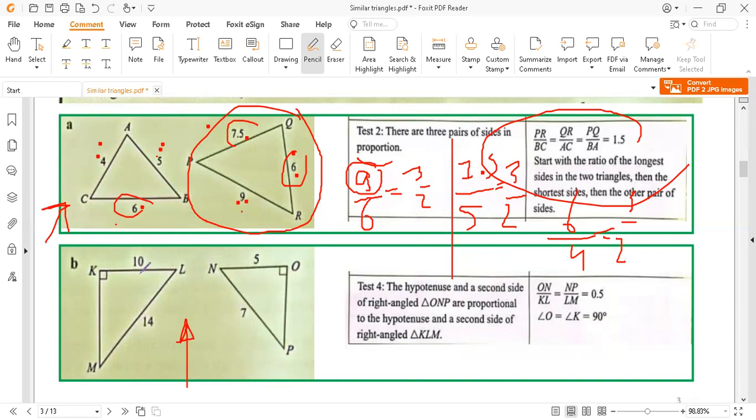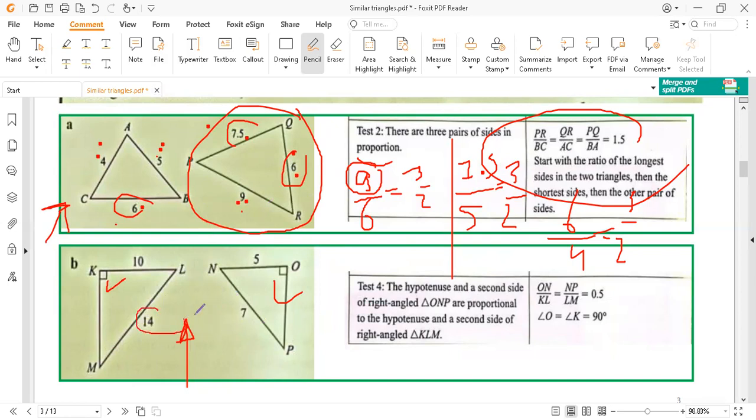And if we are in a particular case working with right-angled triangles, we should use the hypotenuse and one side. Normally we have a 90 degree angle because we have two right-angled triangles, so we don't have to mention the 90 degrees. It is sufficient to mention only two pairs of sides, one of which is the hypotenuses of the two triangles, in proportion.